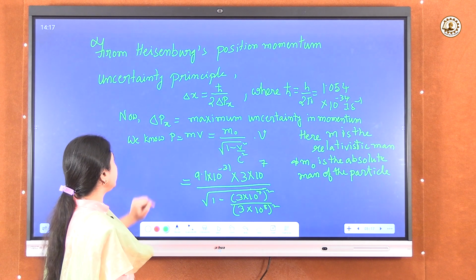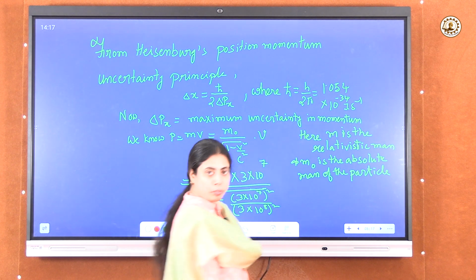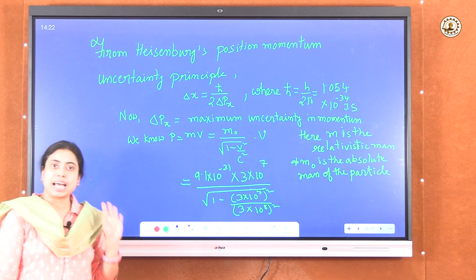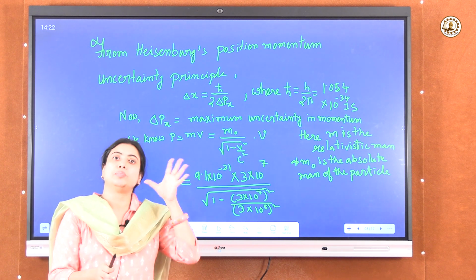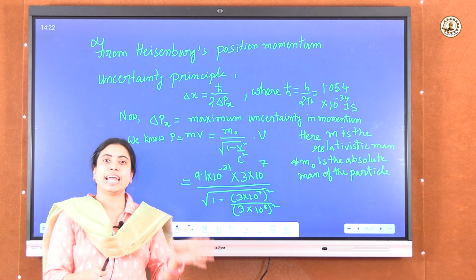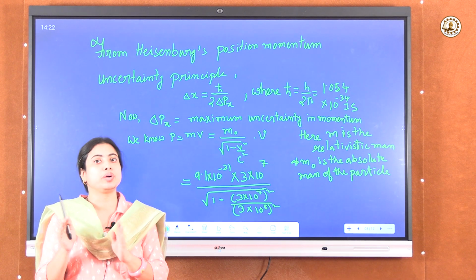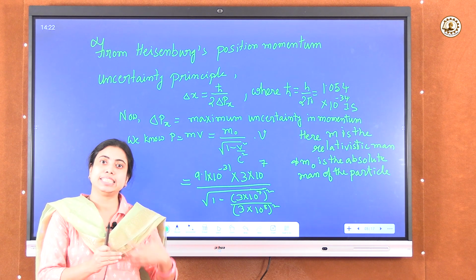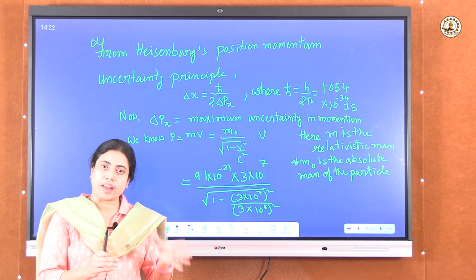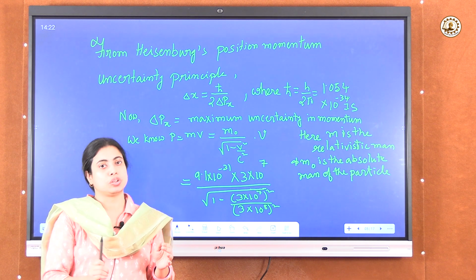Now del Px is the maximum uncertainty in the momentum. From Heisenberg's uncertainty principle, we know the product of the position's uncertainty and momentum's uncertainty is greater than or equal to h cross by 2. Now, if the uncertainty is maximum, we can write del x del Px equal to h cross by 2.